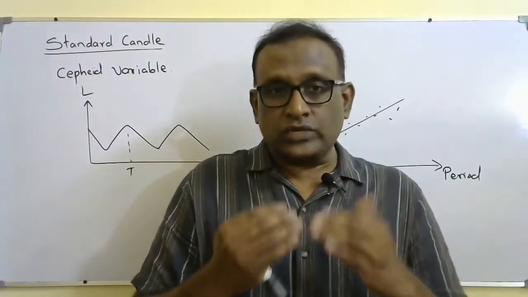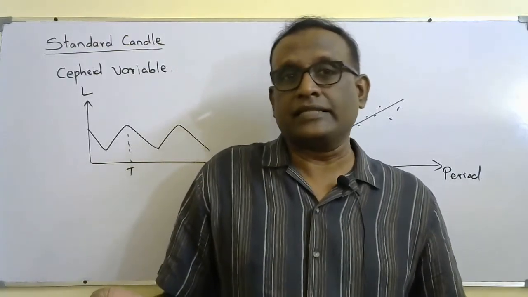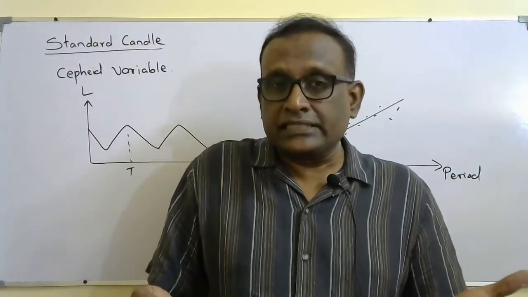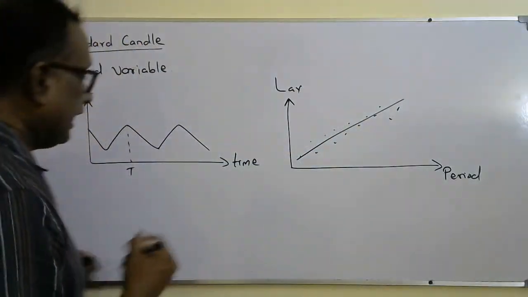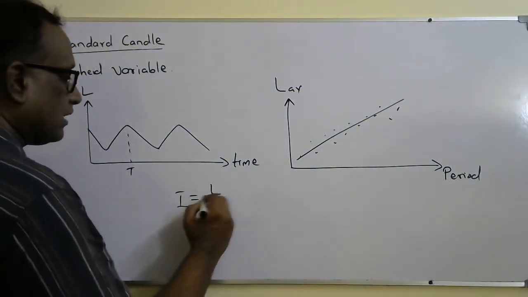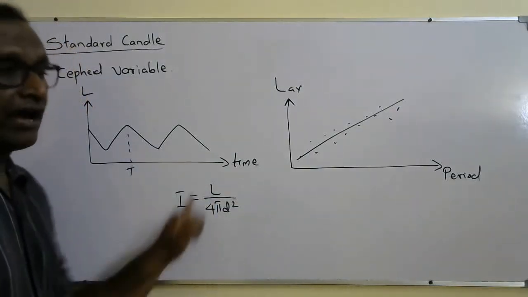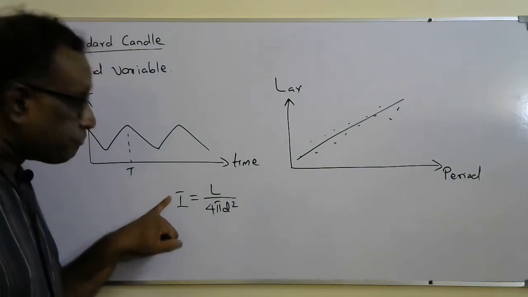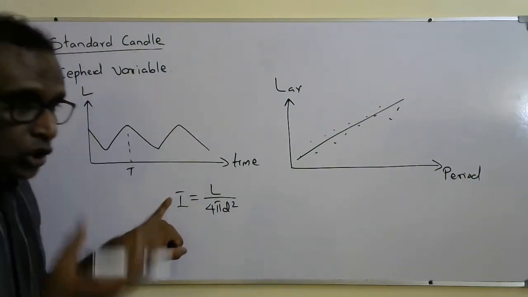Those are closer to us. We are able to measure their luminosity by using the trigonometric parallax method. The distance could be measured. We can measure their intensity by using I equals L over 4 pi d squared. We can measure their average luminosity and their average intensity. Those are closer to us.